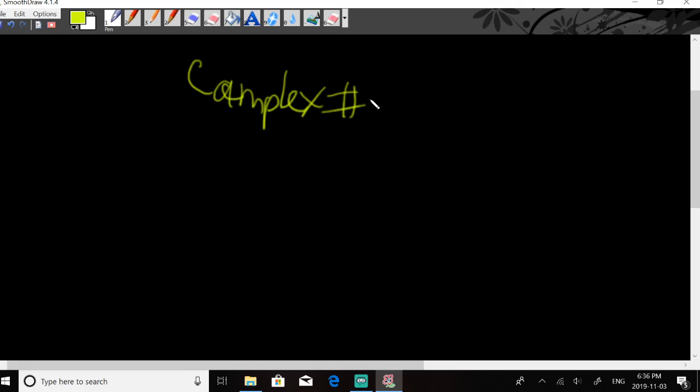The complex number is what you learn from the start of your math career, and you will continue learning it to the end of your career.